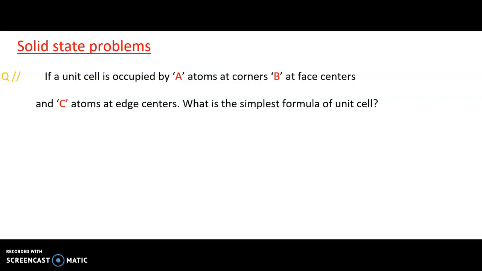First we have to check what atoms are present and where they are present in a particular unit cell. So here A atoms are present at corners.